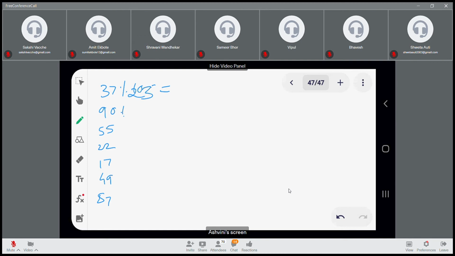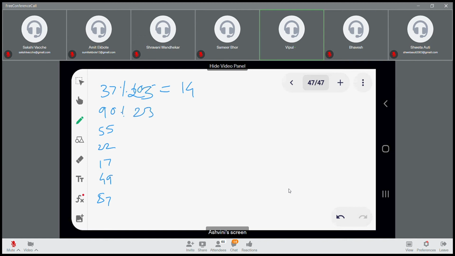37 mod 23 is 14. Now 90 mod 23 is 21. Am I correct?